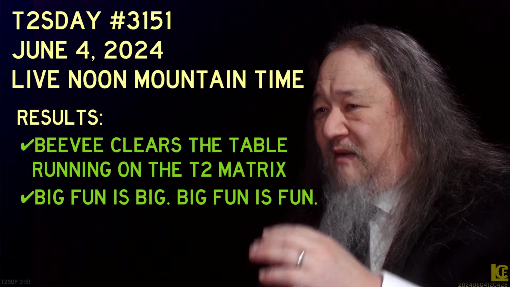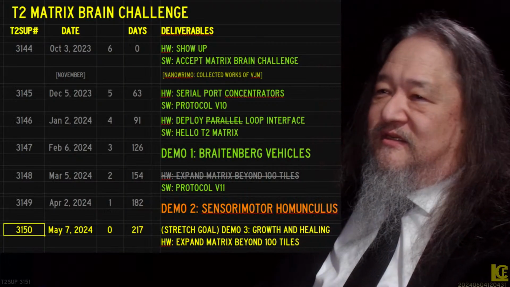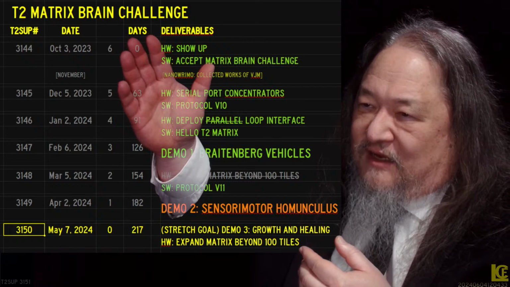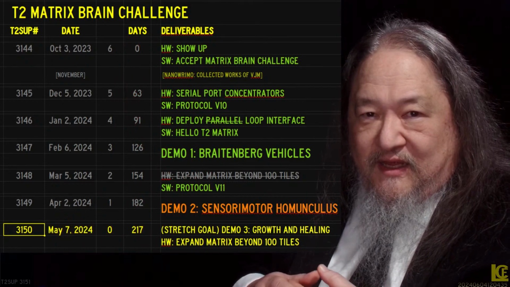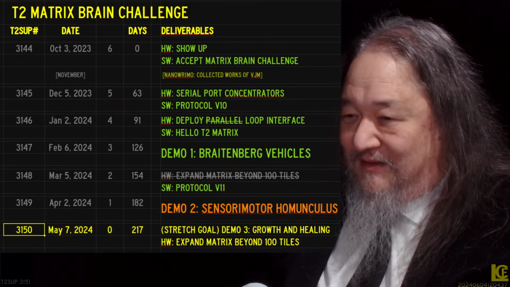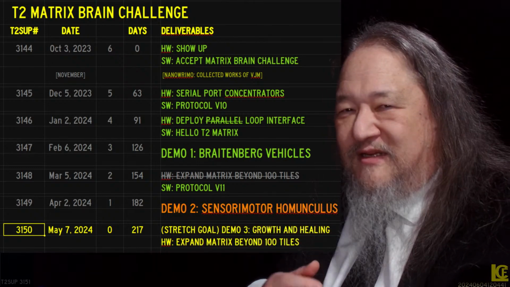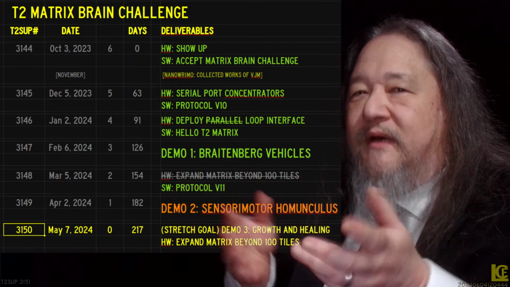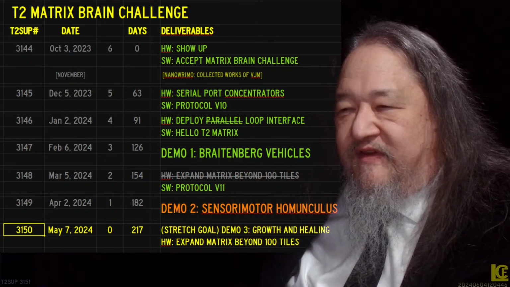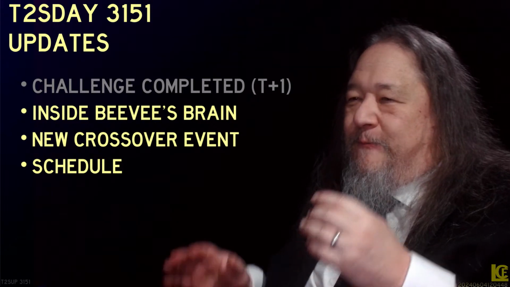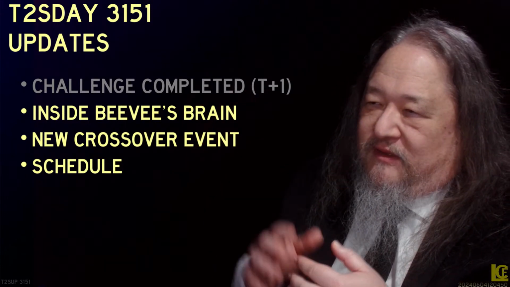But nonetheless, success. So starting from last October to, well, supposedly last May, but now, in fact, June, to demonstrate a sensory motor homunculus. It wasn't my fantasy, but I'm calling it. BV is that. So, challenge completed 1 month late.